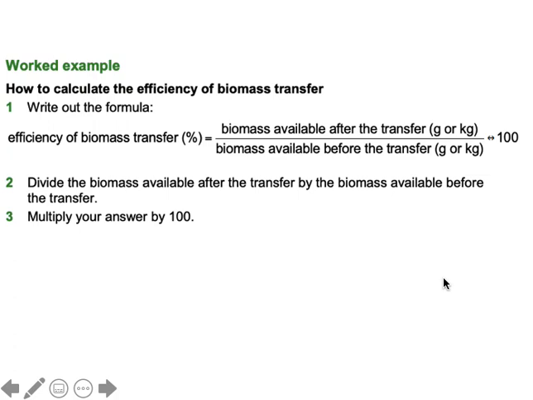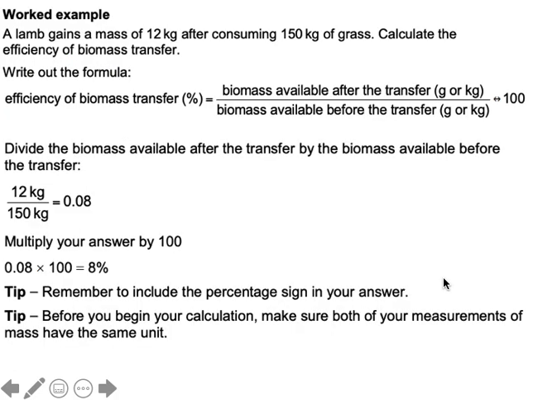So let's take an example and use the equation. A lamb gains a mass of 12 kilograms after consuming 150 kilograms of grass. Calculate the efficiency of biomass transfer. So we've got 150 kilograms of grass being consumed by this lamb, and the lamb gains 12 kilograms having consumed that 150.